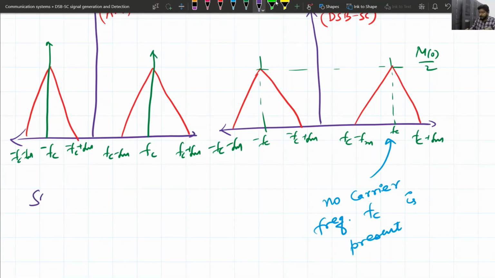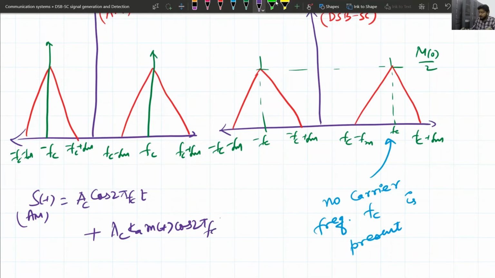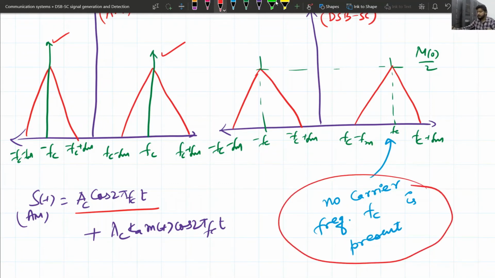In the time domain, if you write the amplitude modulated wave, you can see an additional term is present, indicated using an impulse function. But here you can see no carrier frequency is present.